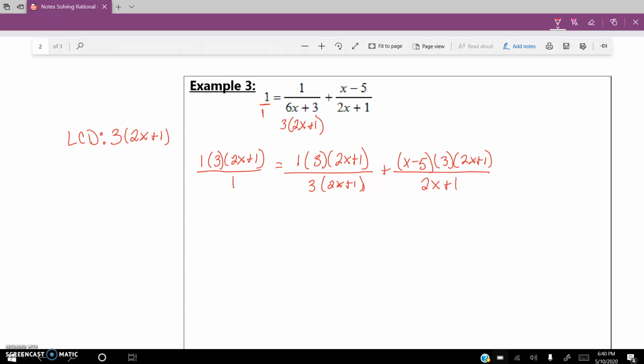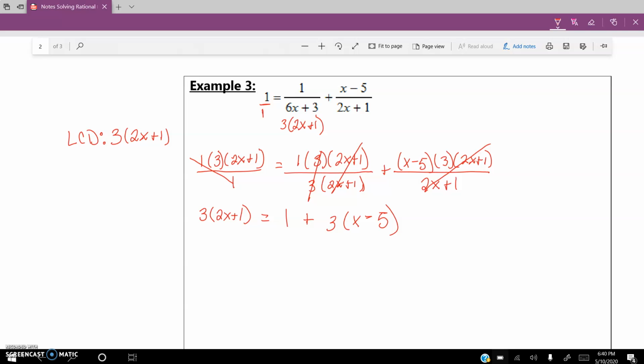Remember, our second step is to cross off and simplify. So my 1's cancel out, my 3's cancel out, and my 2x plus 1 cancels out. And on the last one, just the 2x plus 1. So I have 3 times 2x plus 1 is equal to 1 plus 3 times x minus 5.